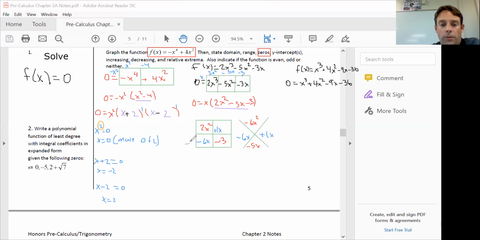So minus 3x, 2x, and looks like a positive 1 here.